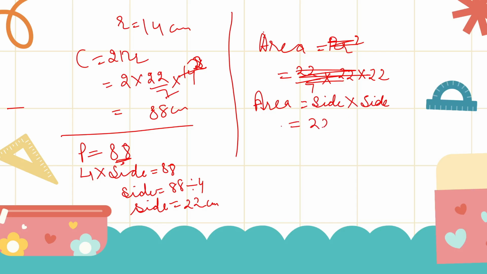So that is 22 into 22, that is 484 centimeters square.